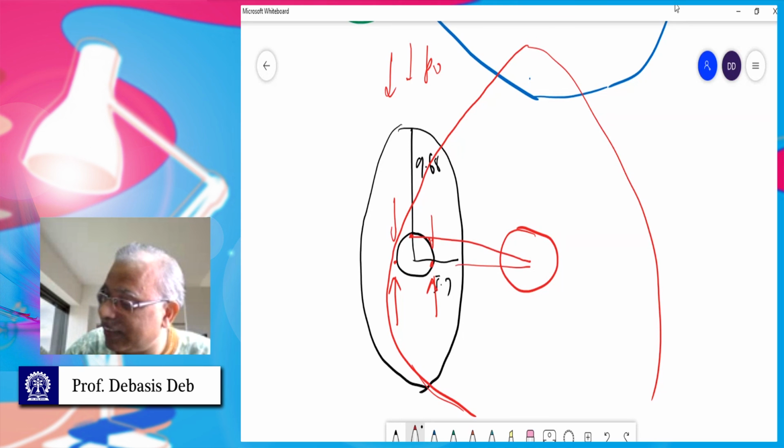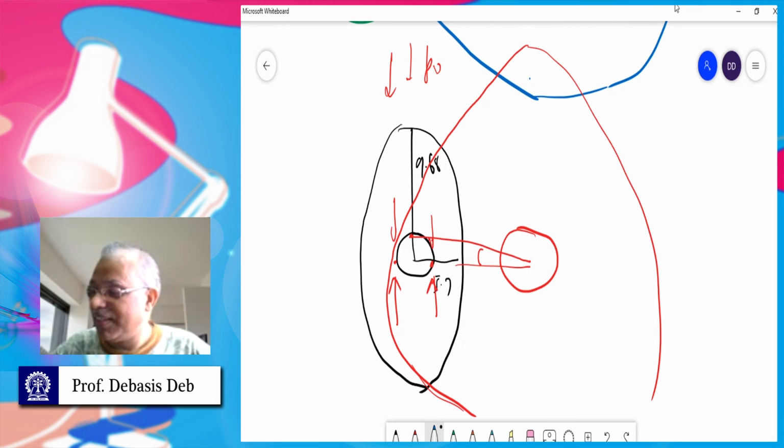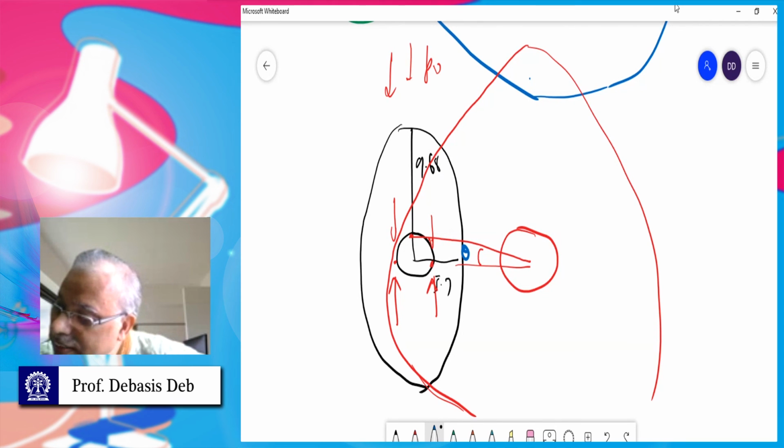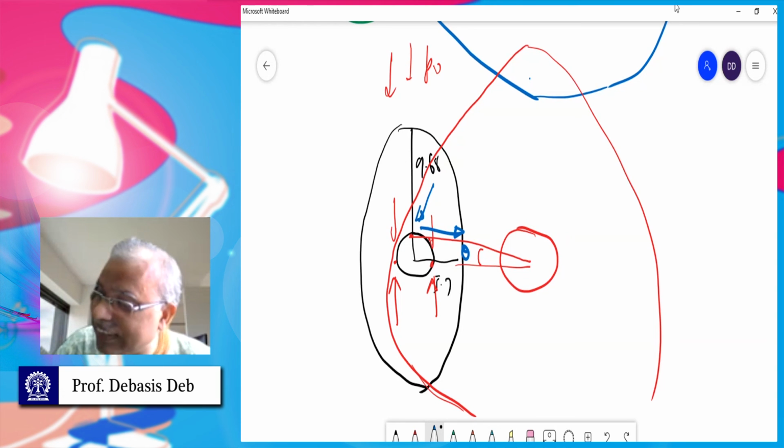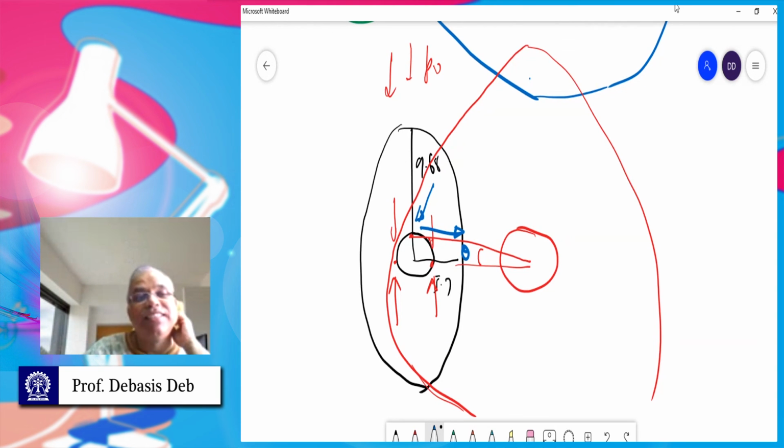You see, there is an angle here, so you have to find out this angle. The radial stress is in this direction and the tangential is in this direction, not exactly vertical and horizontal. That's why you have to rotate this stress again to find it in vertical and horizontal.